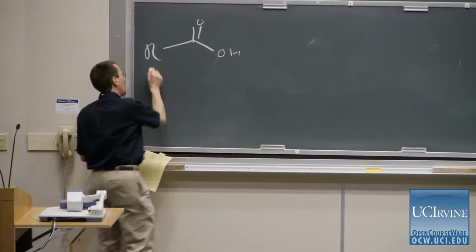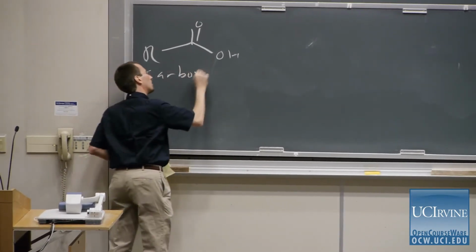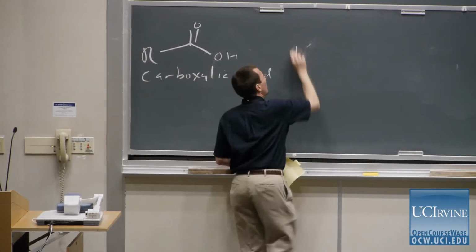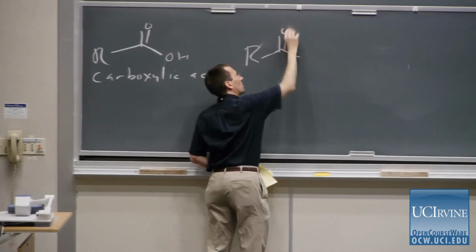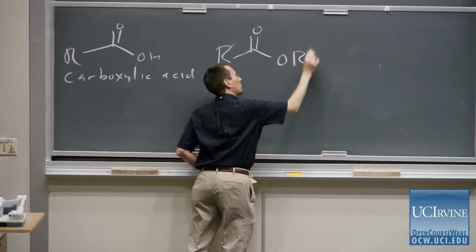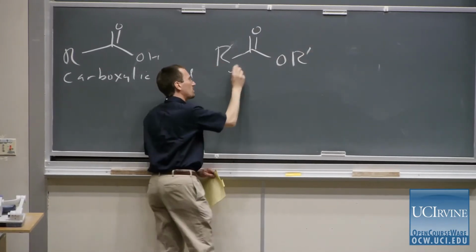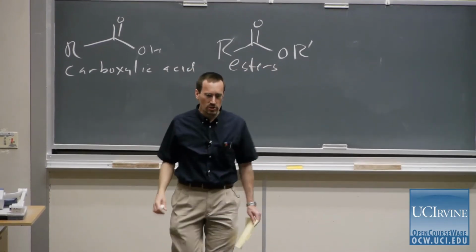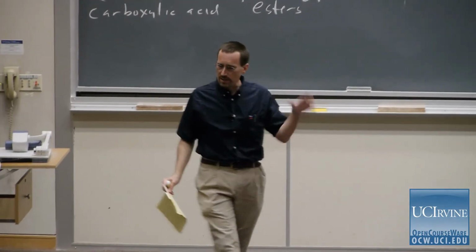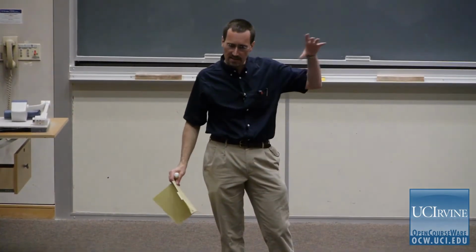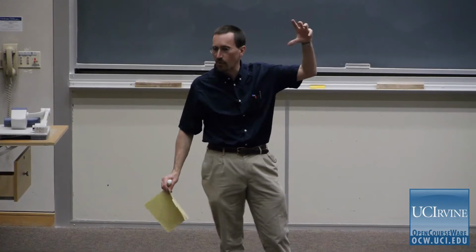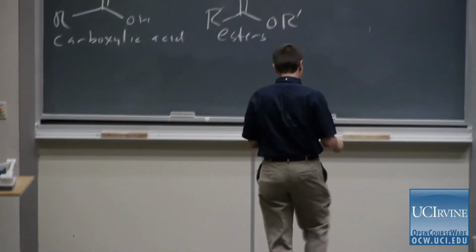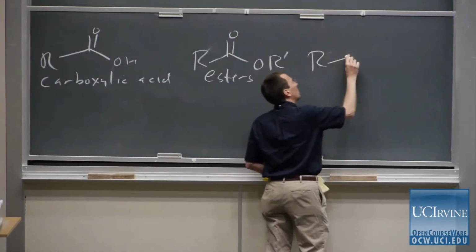Of course, we have carboxylic acids. And then sort of as a very close relationship, we have esters. We've already talked about the relationship between alcohols and water, and here in a carboxylic acid you sort of have half of a water molecule, and in an ester you have half of an alcohol molecule, so they'll have many things in common.